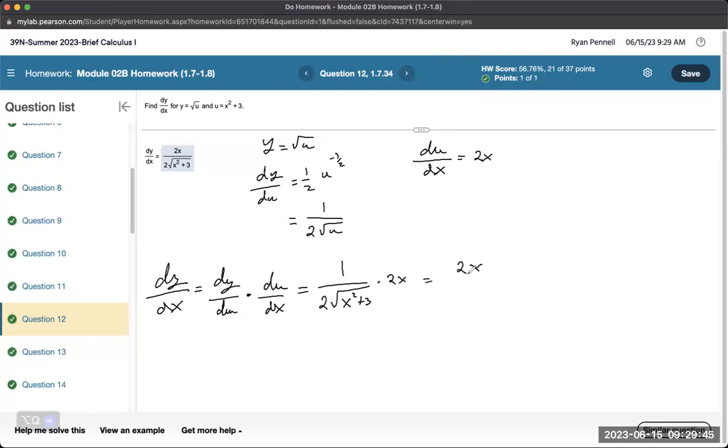So that's 2x over 2 root x squared plus 3. We can see that's the answer, and I would even argue you could just reduce the 2, but the computer doesn't seem to mind. So there is our answer.